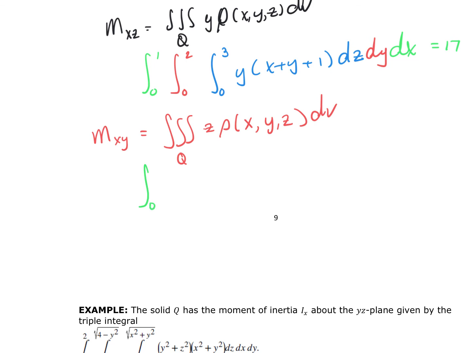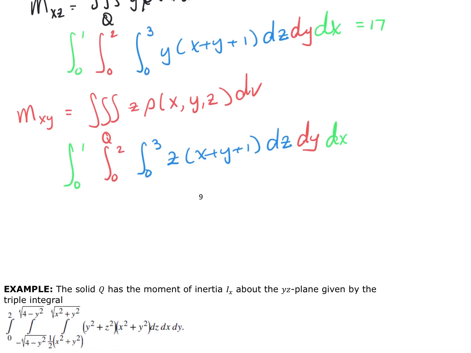The integration from 0 to 1, 0 to 2, 0 to 3 of z, x plus y plus 1, dz, dy, and dx. And my final answer on this is the first time where I didn't get a nice integer number, ends up becoming 45/2. Last part, which is part C, is we want my center of mass. We know that x bar, y bar, we'll start with x bar.